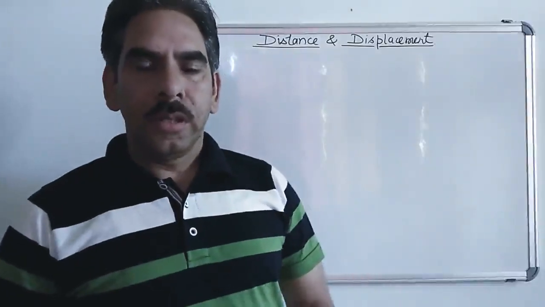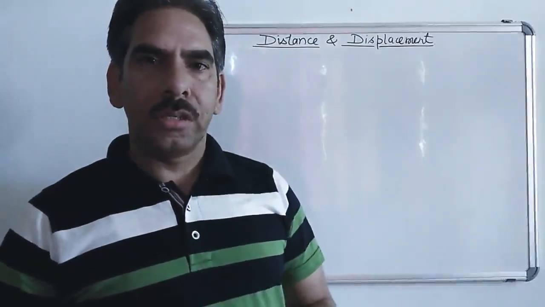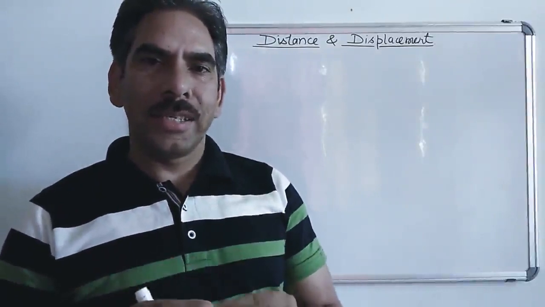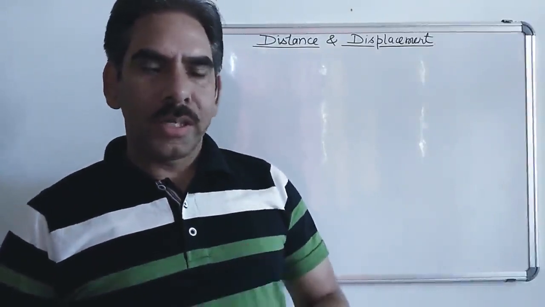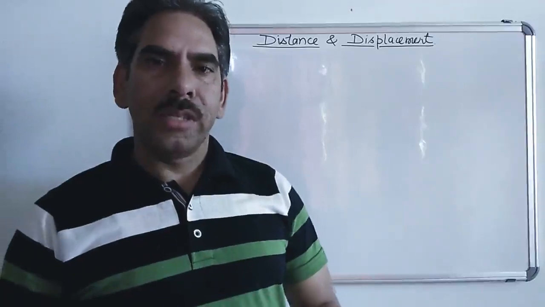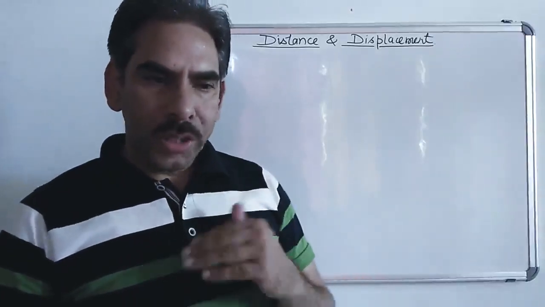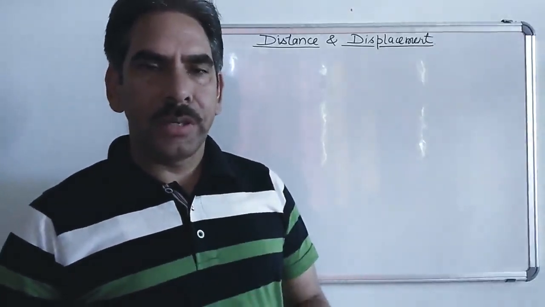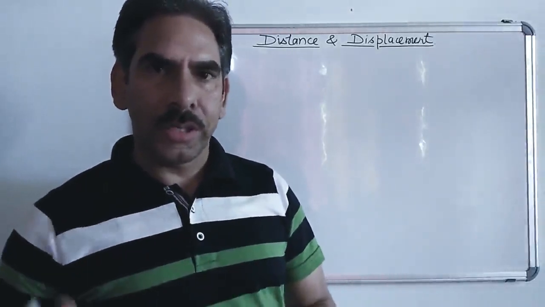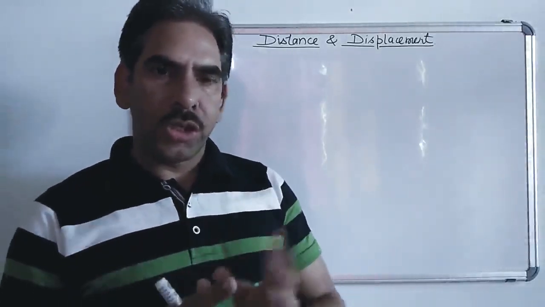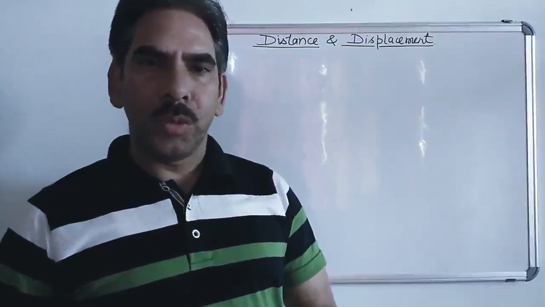Hello, in this video I am going to discuss the difference between distance and displacement. You already understand what distance and displacement are. During the motion of an object, the object changes its position.